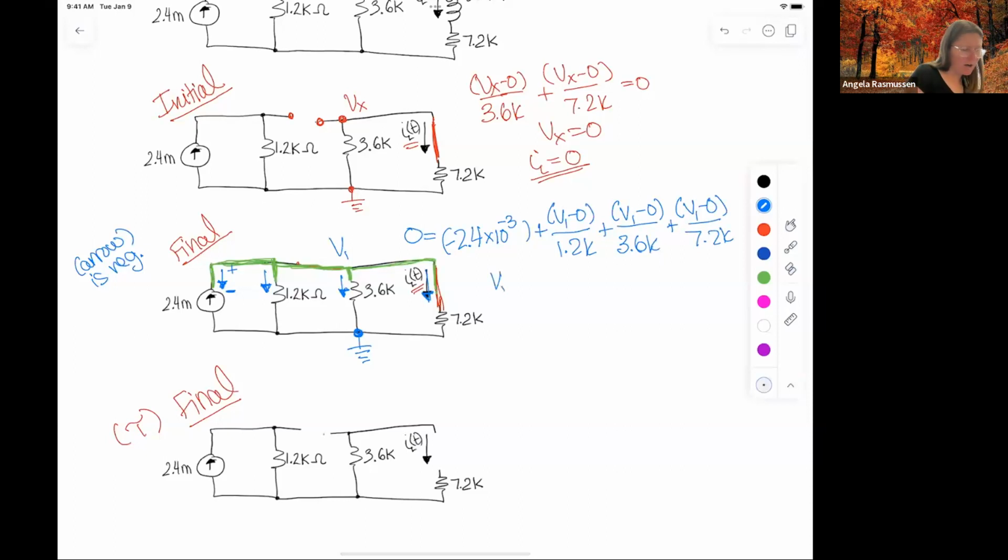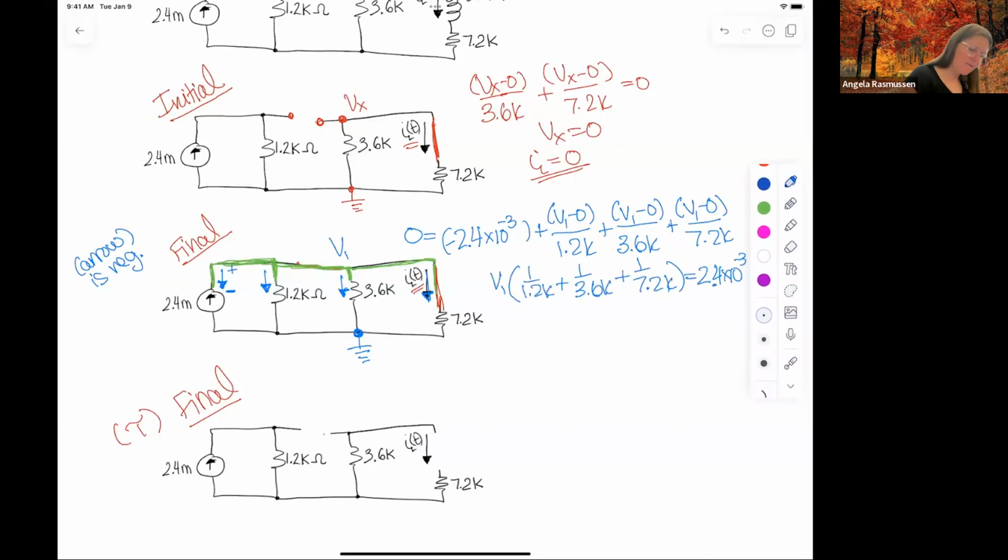I can combine all of the V1 components. And then I can take the negative over to the other side, 2.4. I can find a value for this and then divide it over 2.4. And that ends up giving me a value for V1, so 2.4 milli.